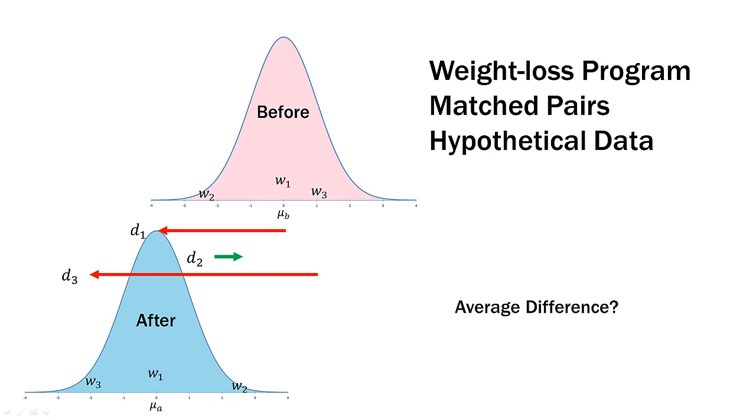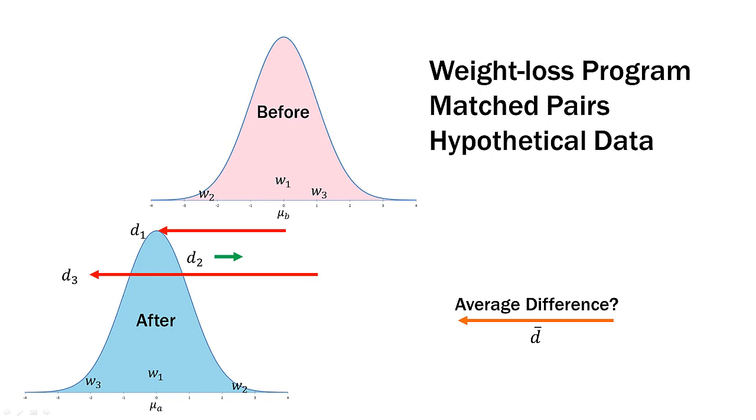Now the question is, what is the average difference for these three individuals? And remember, it's the same individual before and after. So what we could do is just measure the distance of those lines. Of course, we subtract the green from one of the reds because it's the opposite direction. And it actually comes out to about this. So the length of this orange line shows that on average there was a weight loss, and it was about this much.